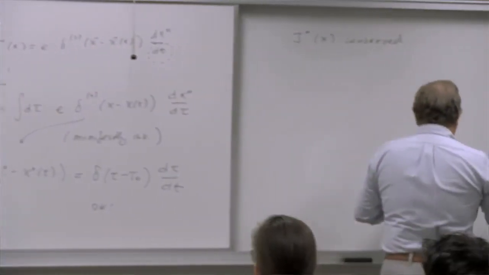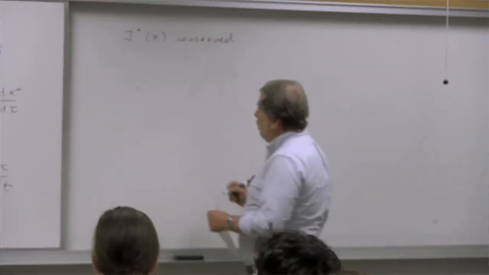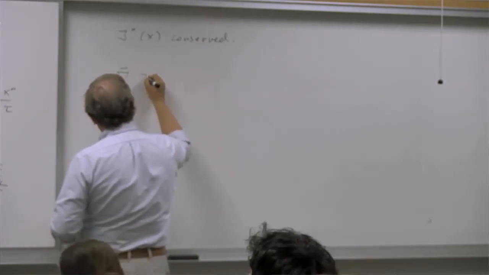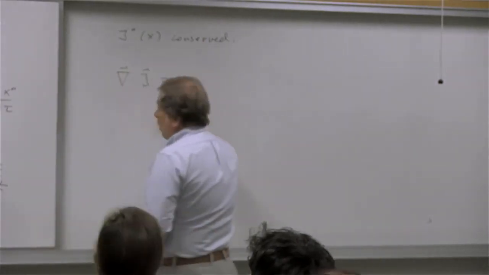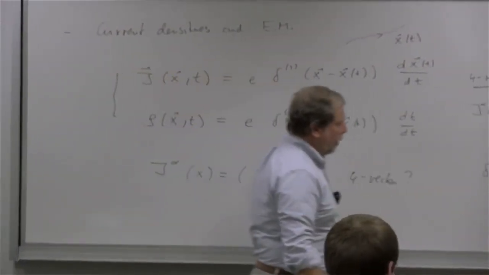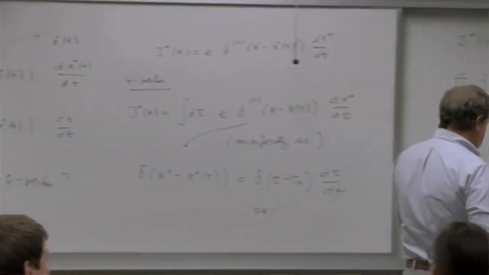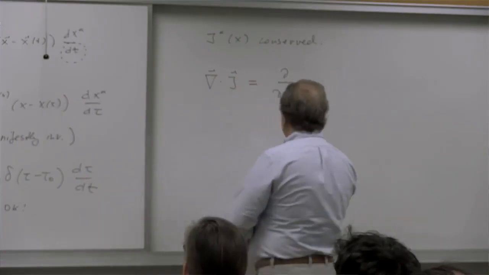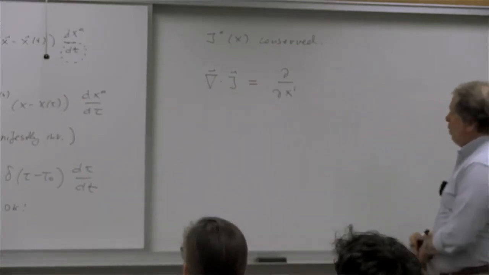So it is also conserved because what we can do is we take the divergence of J. So remember, J has these components. So this is a spatial part. So this is nothing but the derivative with respect to the ith coordinate of the Ji.